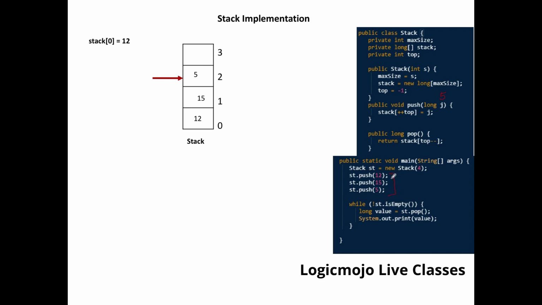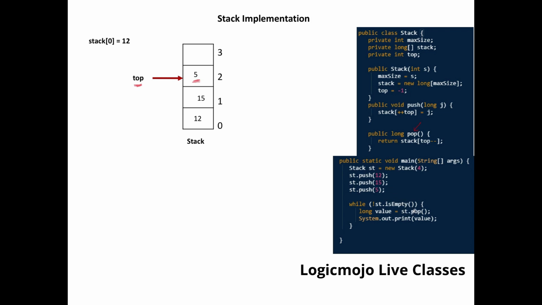Now let's see the pop operation, that is the delete operation in this stack. The pop operation is also very simple. What we have to do is take out the element from the top of the stack. Right now top is pointing at index 2.